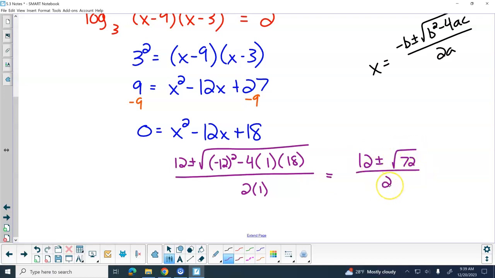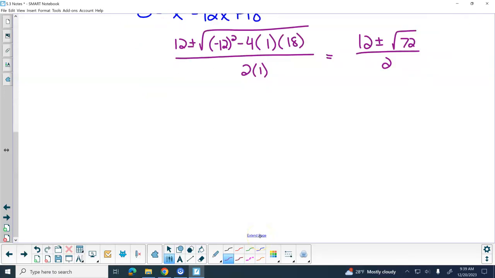Does 72 have any perfect square factors that go into it? What do you got? 2 and 36, because 36 is the biggest of the perfect squares, yes? Okay. So the square root of 72 breaks up to be that.